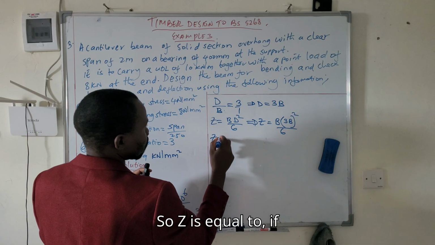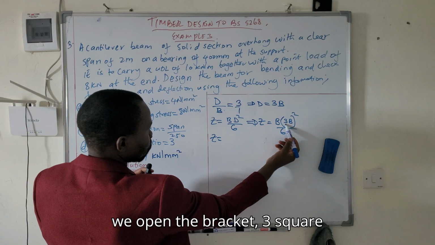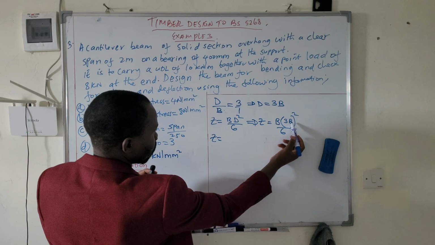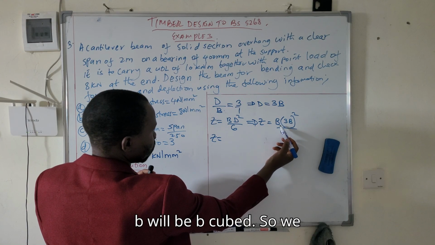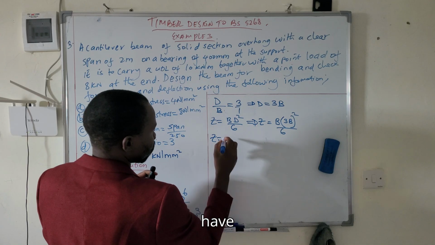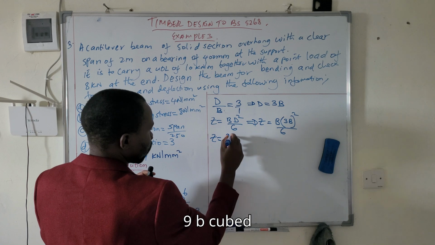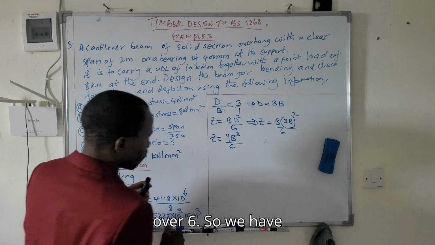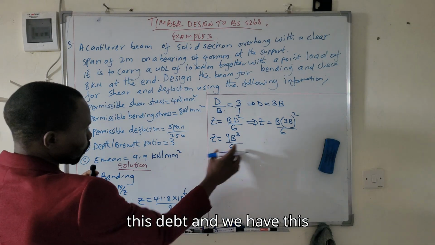So Z is equal to, if we open the bracket, 3 square will be 9, B square will be B square. So B square times B will be B cubed. So we have 9B cubed over 6.